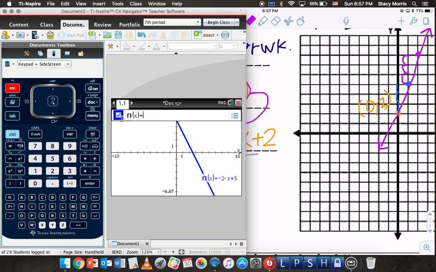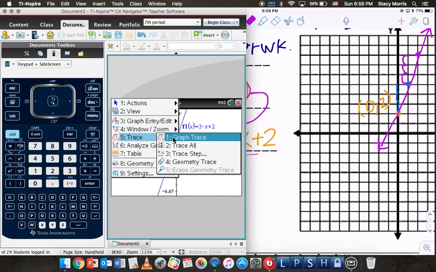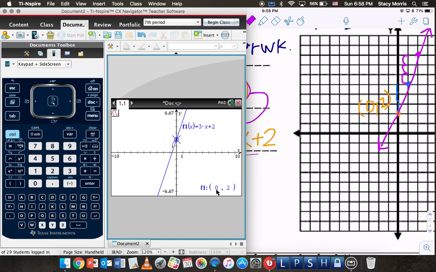Remember, f of x and y are the same thing. So our equation was 3x plus 2. Enter, and you should agree that this graph on our calculator looks like this graph on our paper. If you wanted to make sure, you could trace to get a couple of points. So menu, trace, graph trace. 0, 2, that's your y-intercept. It's always going to be the first point.